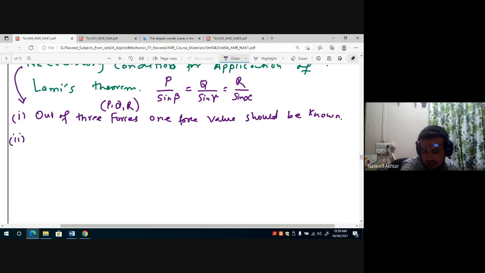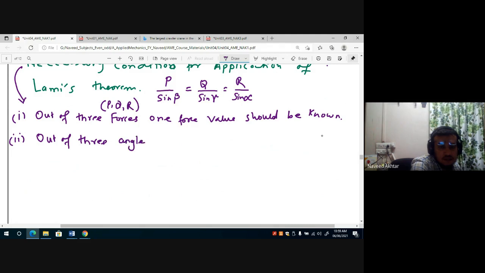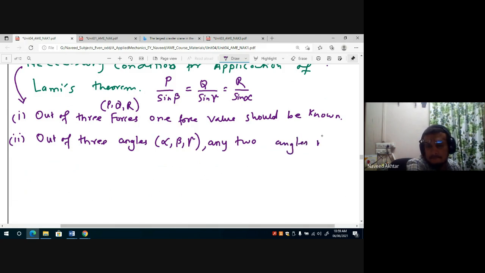दूसरा क्या है, आउट ऑफ these three angles, two angles must be known. Out of three angles, that is alpha, beta and gamma, any two angles must be known.